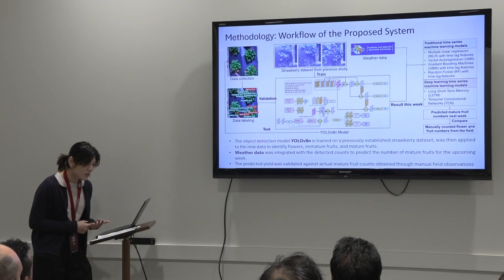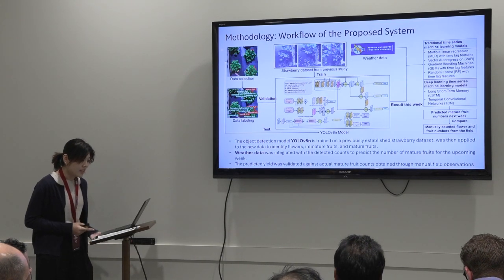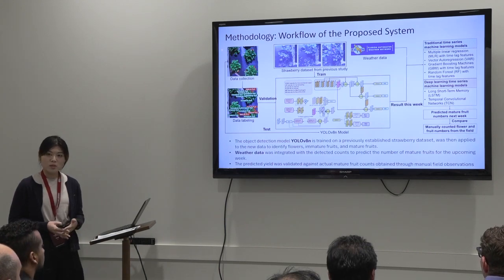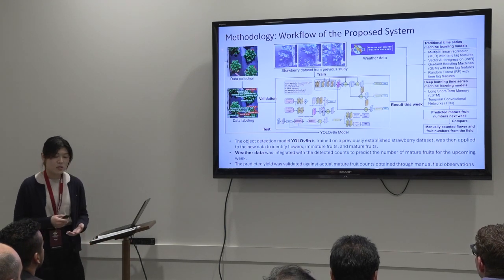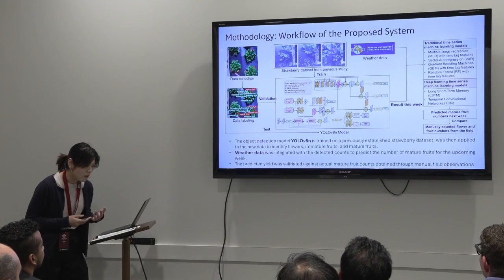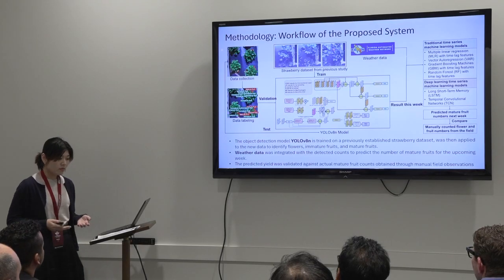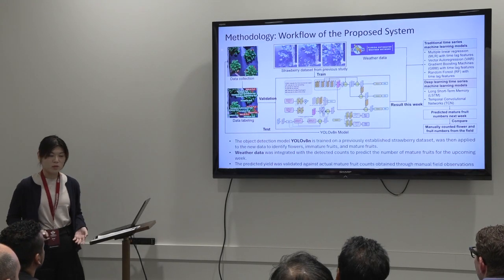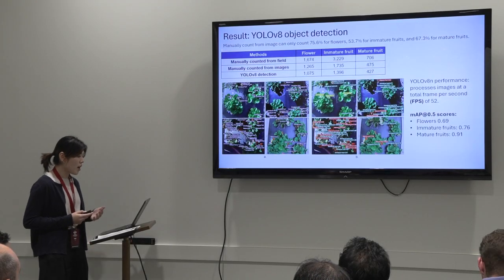And for deep learning, we tried the long short-term memory model and TCN. These two are also very classic. And finally, we compare with our manually counted flowers and fruit numbers in the field, and we evaluate our models' performance. Okay, so here's the result.